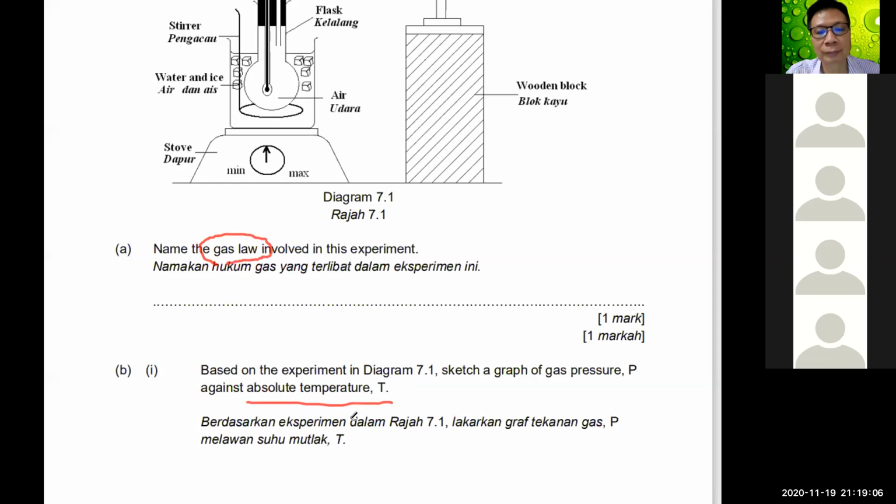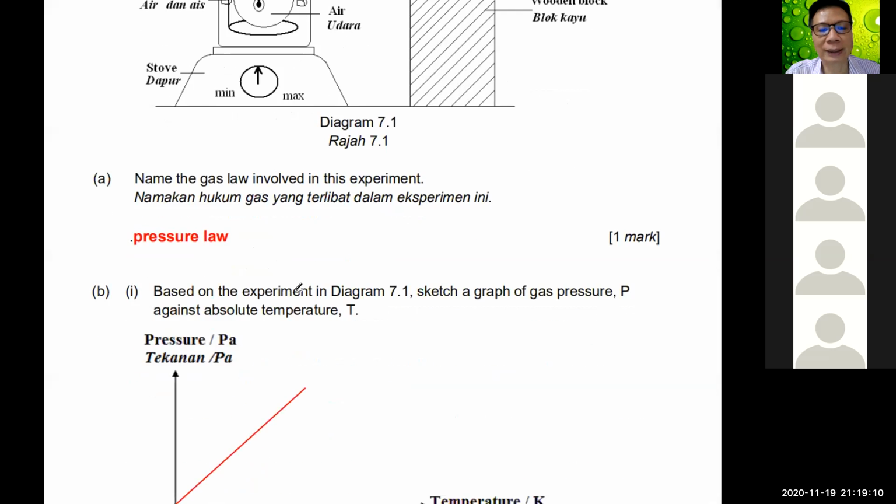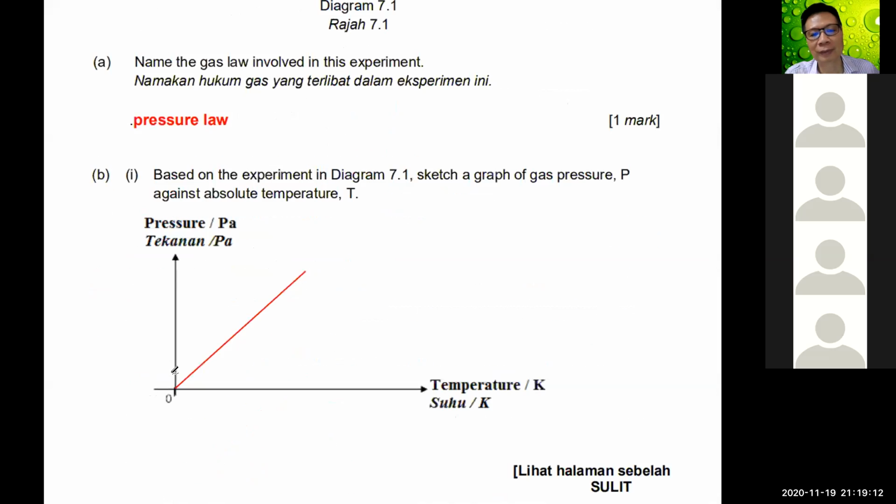So your graph looks like this. Temperature is in Kelvin, so you start from 0, directly proportional. The higher the temperature, the higher the pressure, directly proportional. But make sure this temperature is in Kelvin.